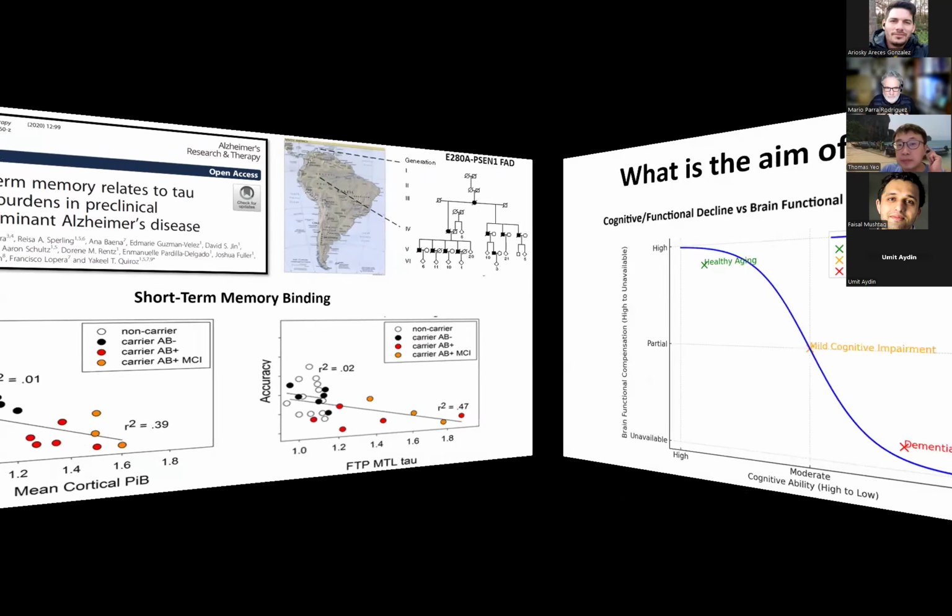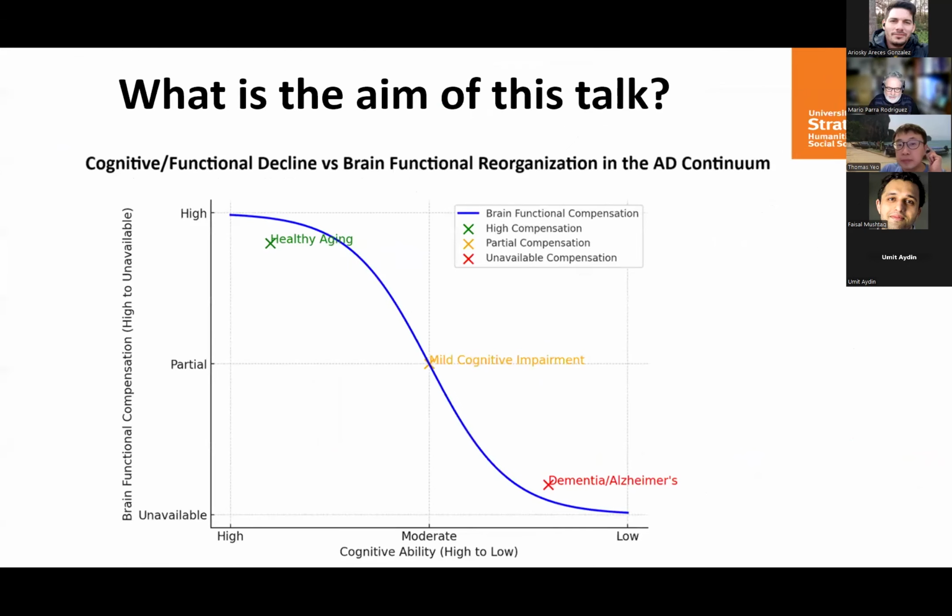tell us. So the case I'm trying to make here is that using EEG recorded during task performance, we can identify physiological changes that underpin this particular ability from normal aging all the way up to dementia of Alzheimer's type.